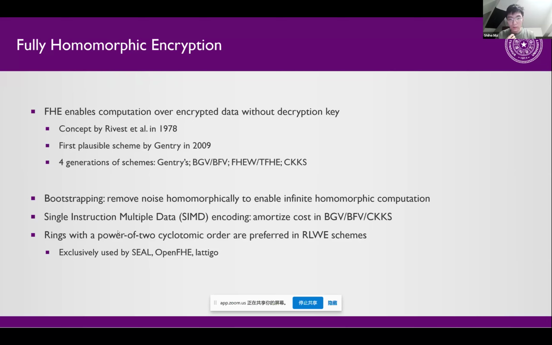It is used by the second and fourth generation schemes to pack many plaintext messages into a single ciphertext to amortize the cost. And finally, we have to choose a cyclotomic ring for the RLWE schemes, and usually the open source FHE libraries choose it to be a power-of-2 cyclotomic ring.